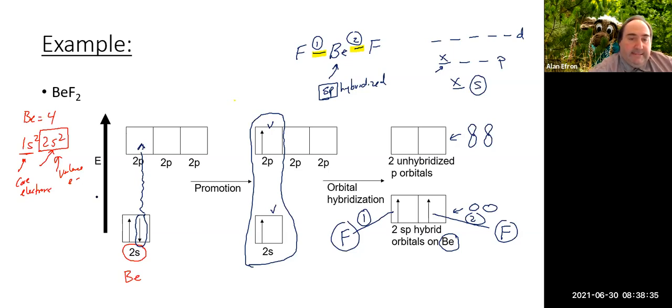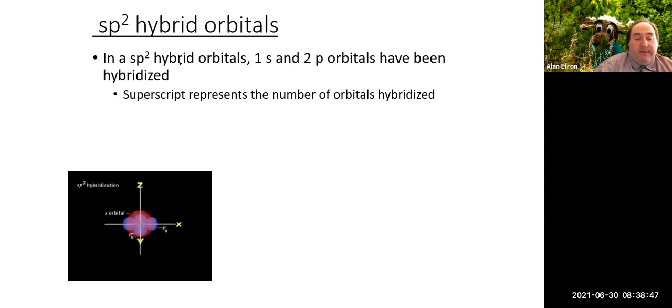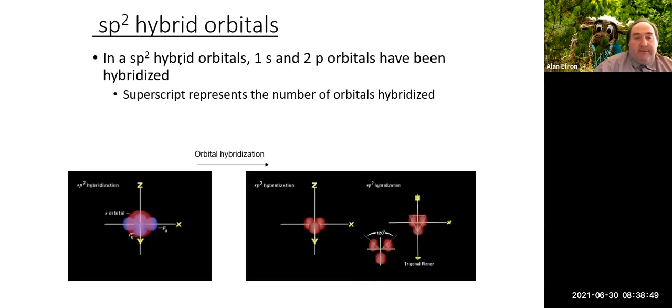Okay. The next hybridization that's going to occur is one where we're going to take basically one s orbital and a couple of p orbitals. That's going to give us a hybridization known as sp2 hybridization. And again, if you look at the little diagram here on the left, this is before it goes through hybridization.